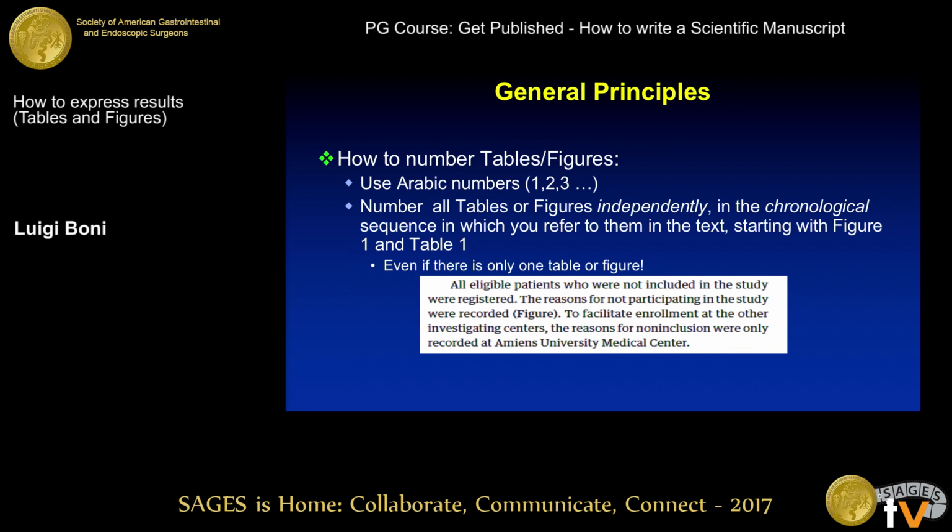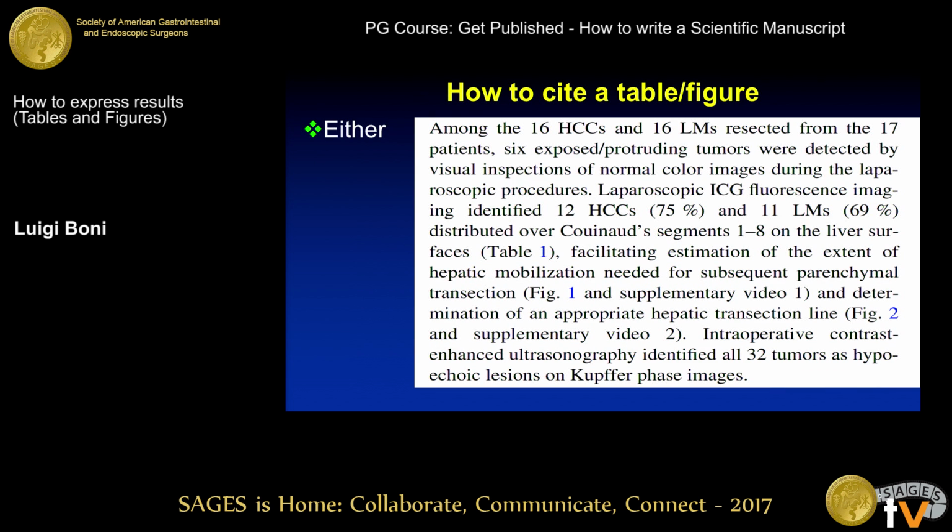And you need to number the figures or the tables, even if you have just one table or figure. You cannot just write "recorded" and then place figures, because it doesn't mean anything. They have to be numbered. You can either use the entire word, like here, table 1, or you can use an abbreviation, fig 1.